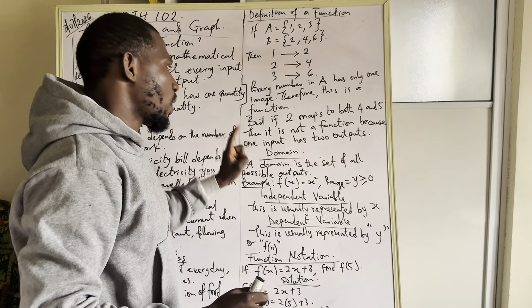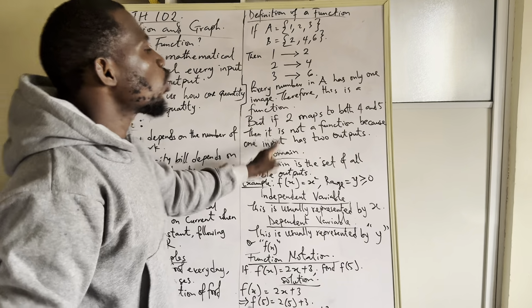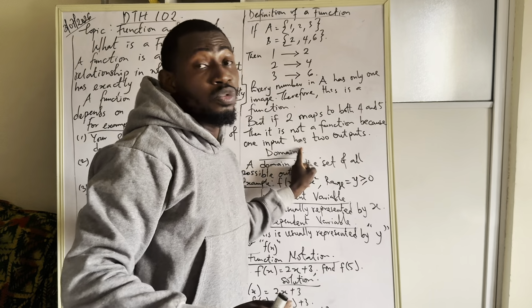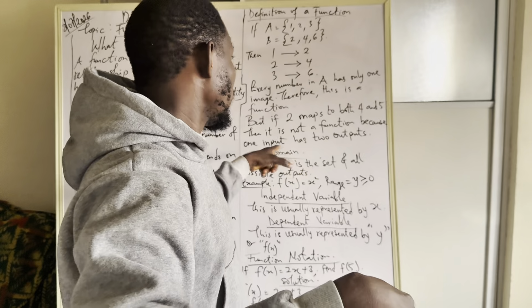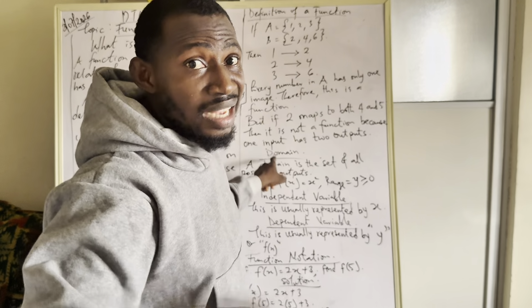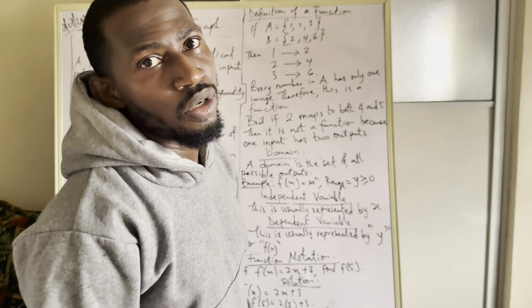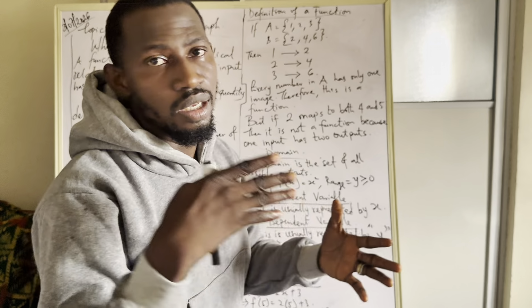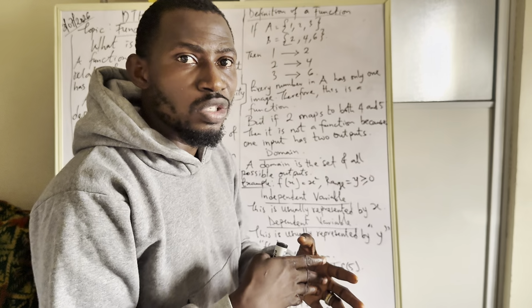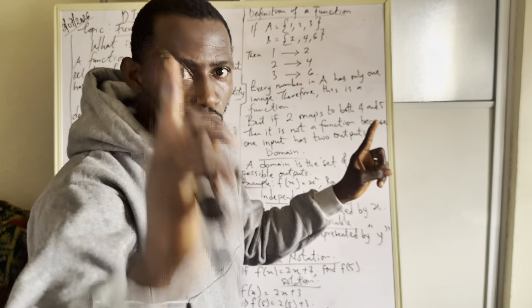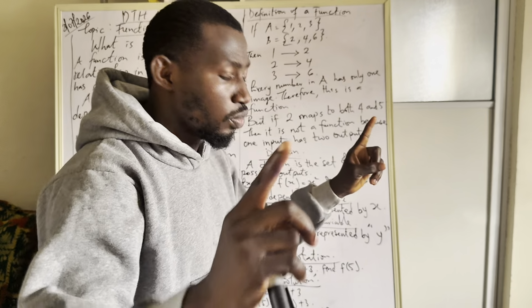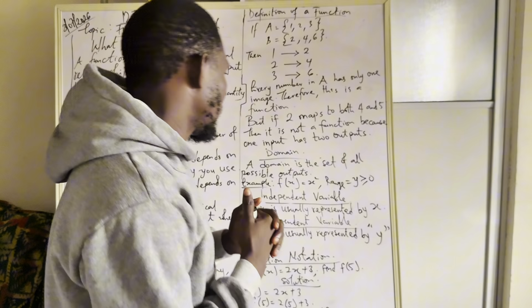Why? Because one input has two outputs, which is impossible for a function, because a function must have one input, one output. That's it.